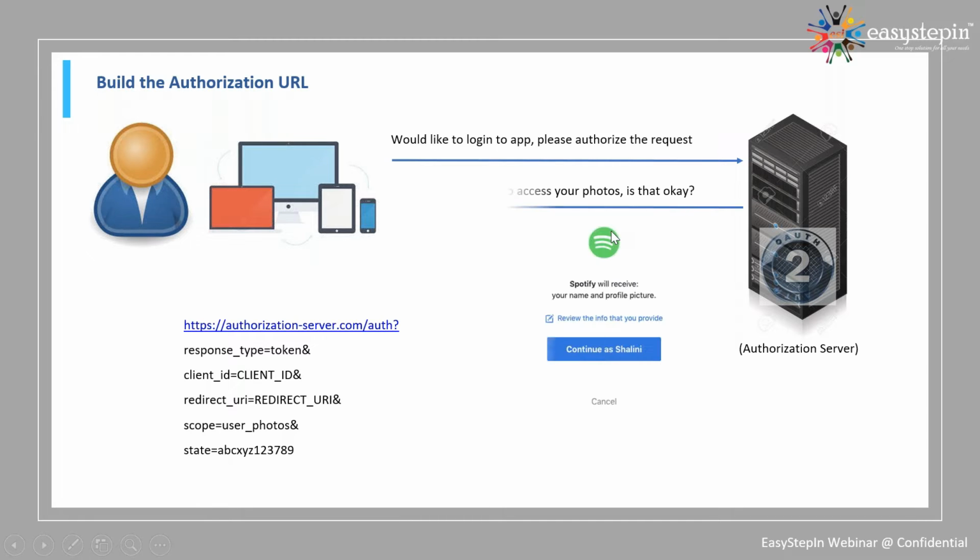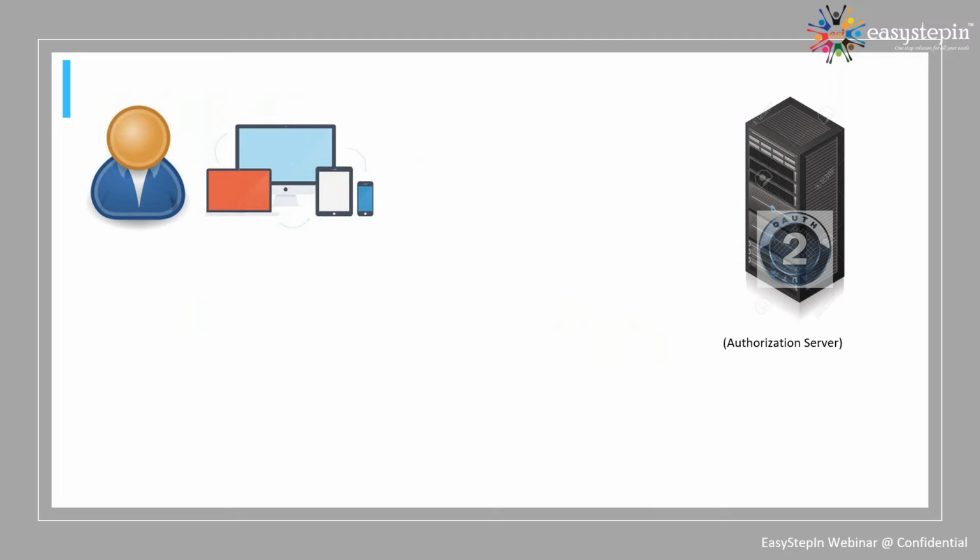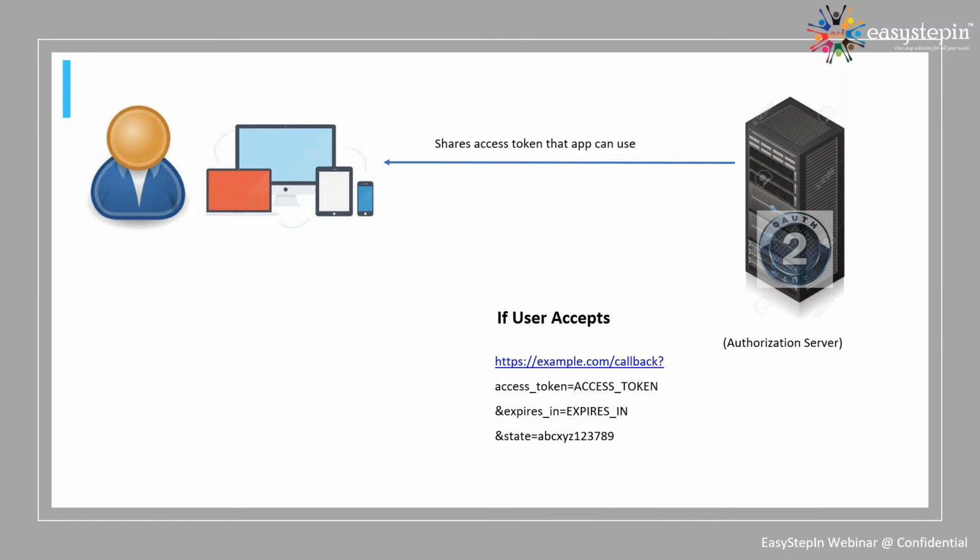Facebook then returns something saying, I will send your name and profile picture to Spotify if you are okay. When you say continue, you will see that an access token is returned in the browser. When you accept, an access token along with expires in and state will be sent in the browser. And when you reject, an access denied error will be shown.